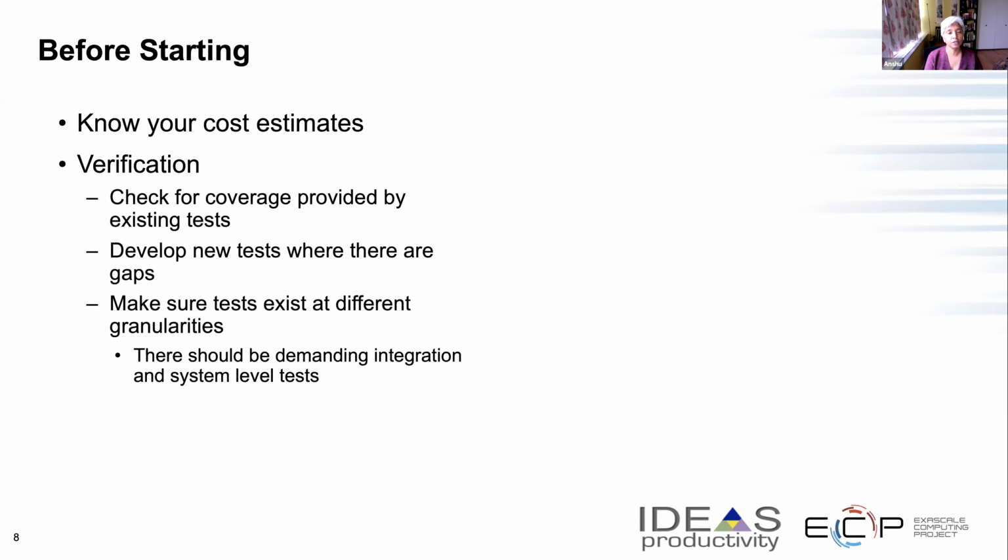You should also make sure that the tests exist at different granularities, which means not just unit tests, but also very demanding integration and system level tests. There is a reason why the word demanding sits in there.